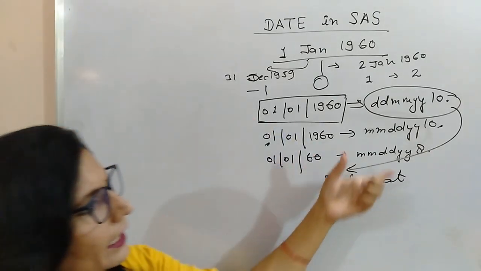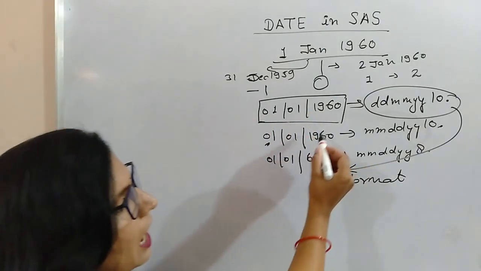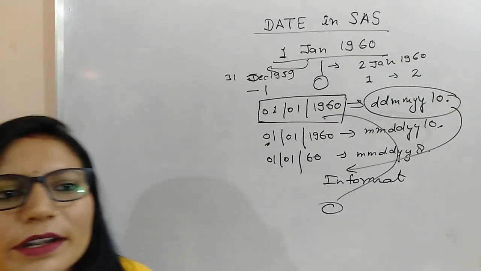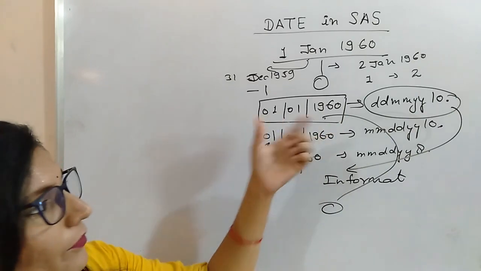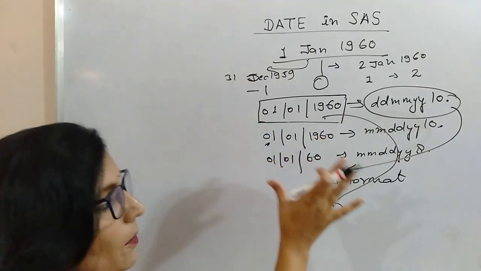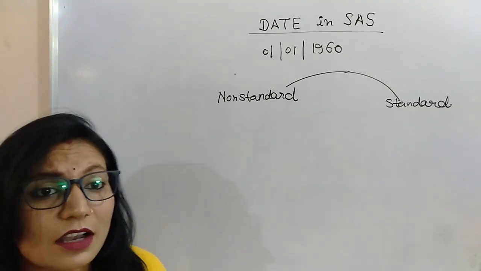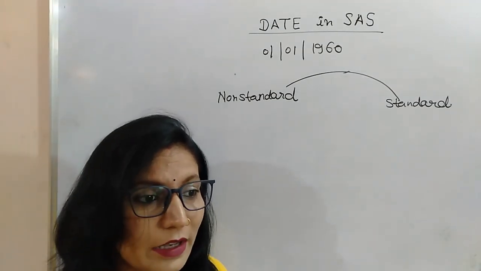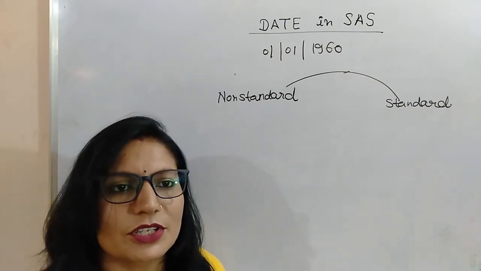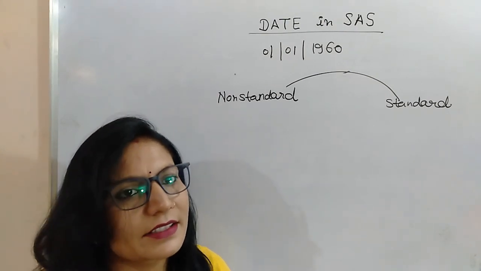Whenever we have a variable in this form, we have to put an informat so that SAS can understand that. But while reading this, SAS will give the output for this date as 0. Then how will you be able to understand that? So we have two terms to handle this situation: informat and format. Guys, before explaining informat or format, we need to understand two terms, non-standard and standard.